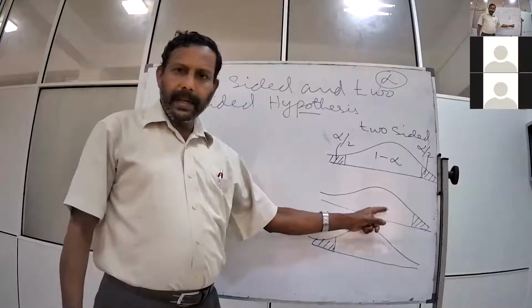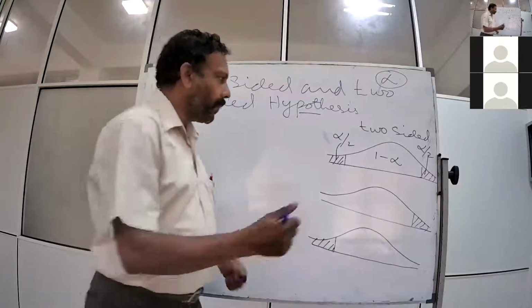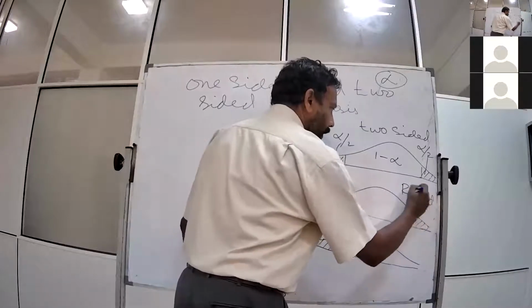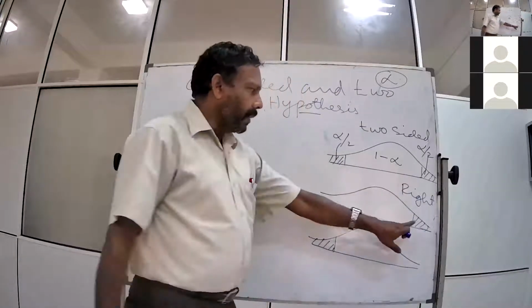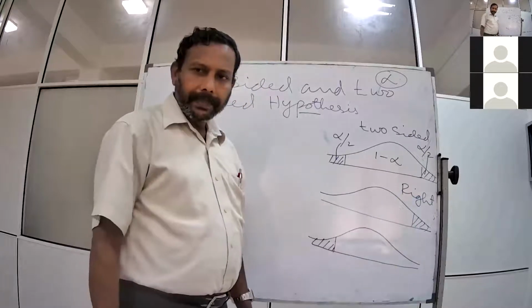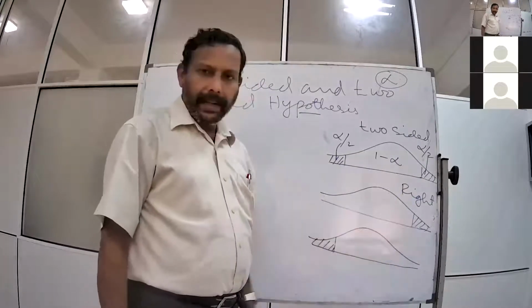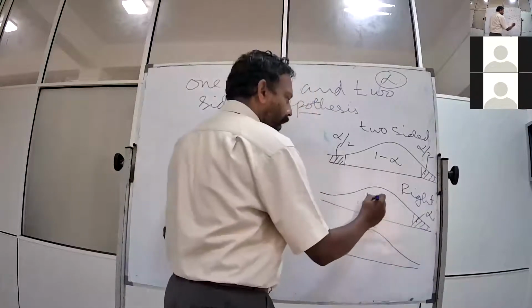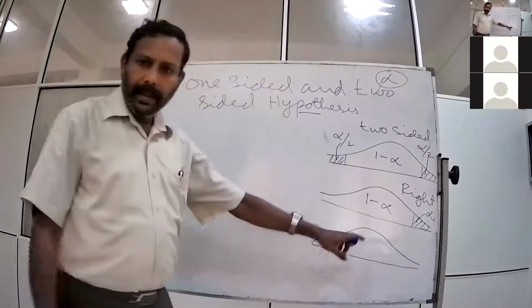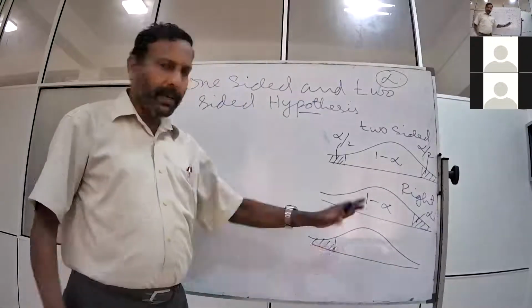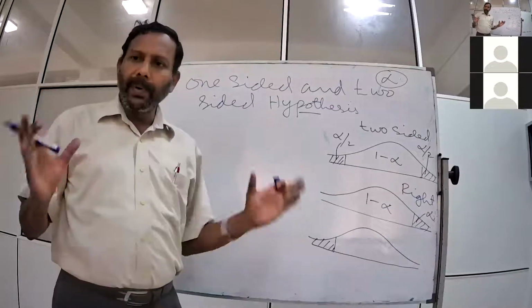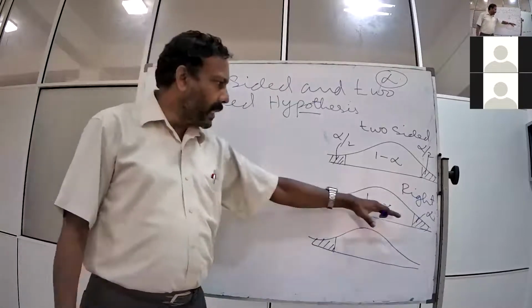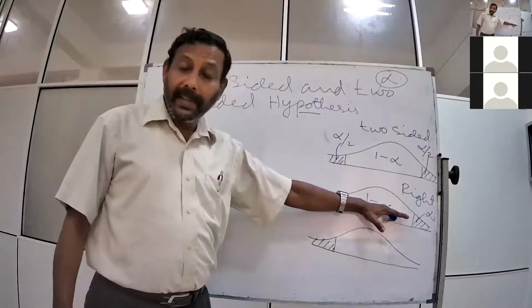So here this is the right side, isn't it? This is the right side. What is the shaded area? Here it is alpha. This is 1 minus alpha. The shaded area is alpha because it is not shaded on both sides. It is concentrated on one side.